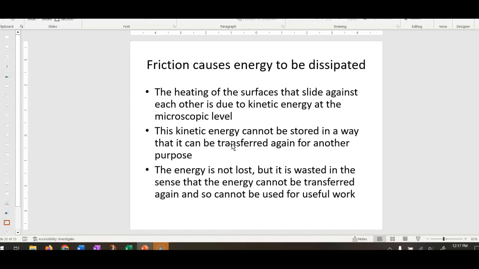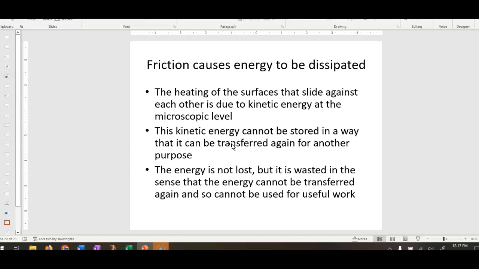That's because the heating up of those atoms that causes them to dance faster in their seats is not a useful form of energy, right? We can't use it to do any useful work, but still the friction has used that energy. So we haven't lost the energy. We know where it went.